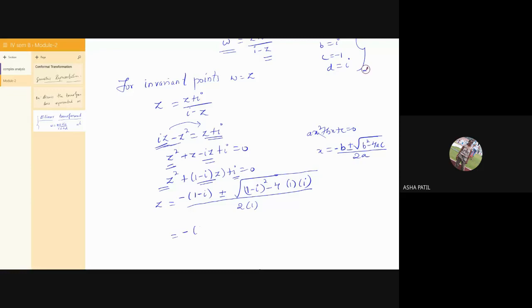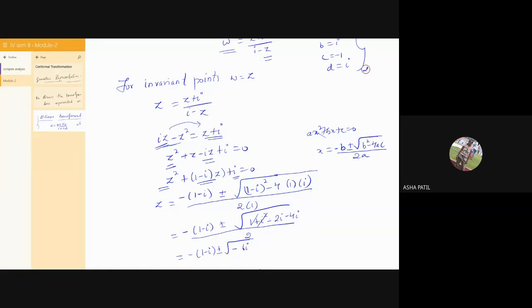Simplify this: minus of (1 minus i) plus or minus under root (1 minus i) square minus 4i, divided by 2. So it is minus of (1 minus i) plus or minus under root, what will we get there? 1 plus i square minus 2i minus 4i, i square is minus 1, it cancels.